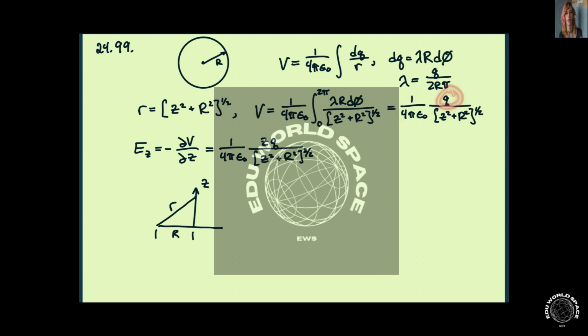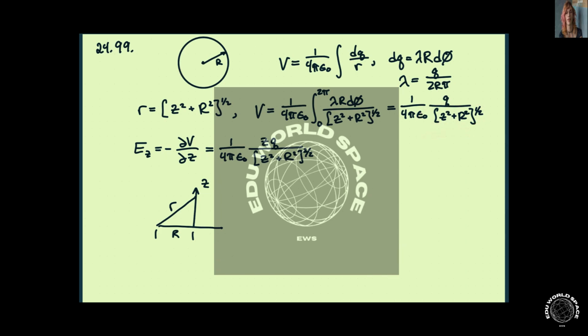It's the total charge on this ring divided by 4 pi epsilon naught, of course, and then divided by the distance. We're the same distance from any part of the ring as long as we stay on this axis. So the distance from where we're looking to a point on the ring is this value here.